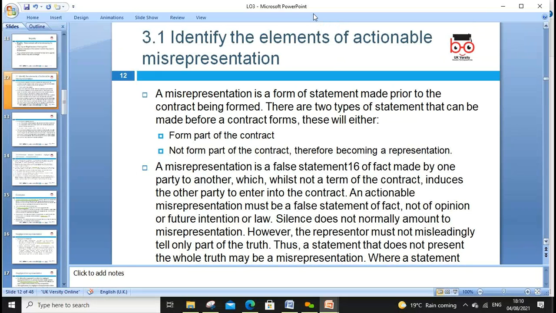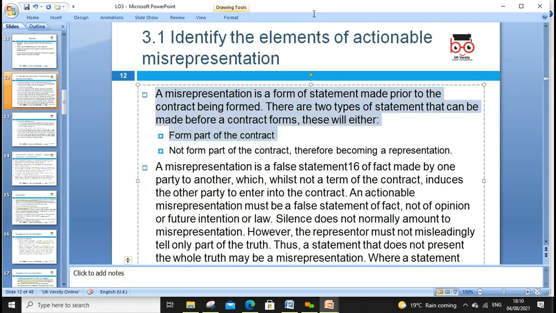So we have 3.1, identify the elements of actionable misrepresentation. A misrepresentation is a statement made prior to the contract. There are two types: statements that form part of the contract and statements that are not part of the contract.